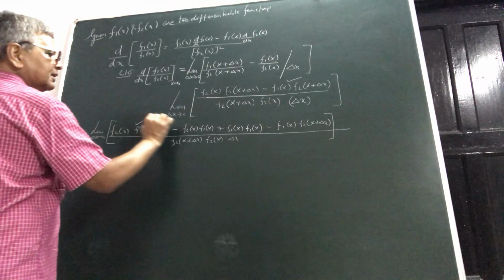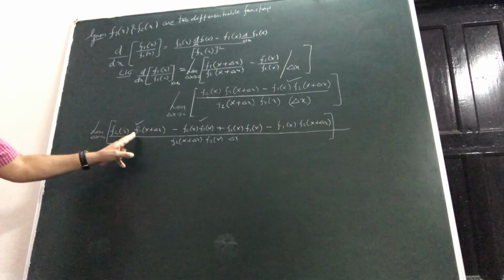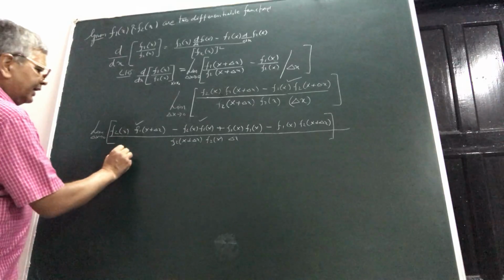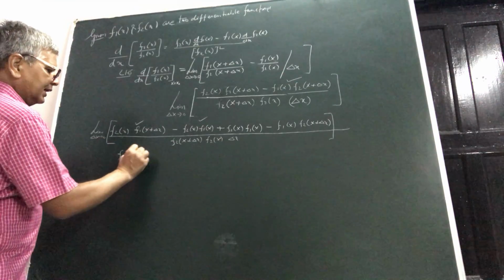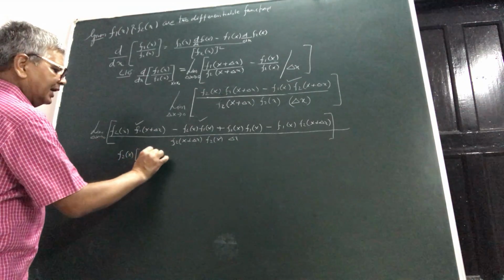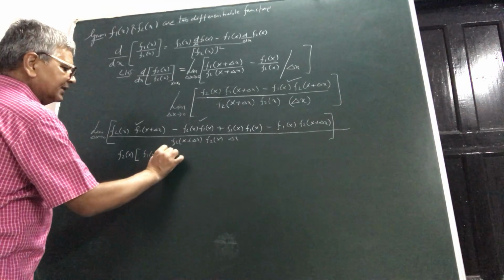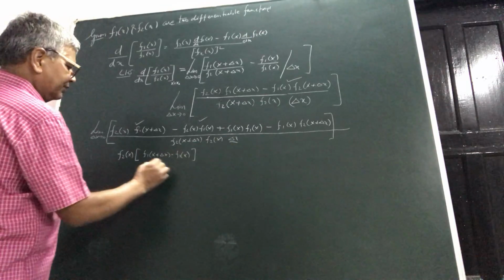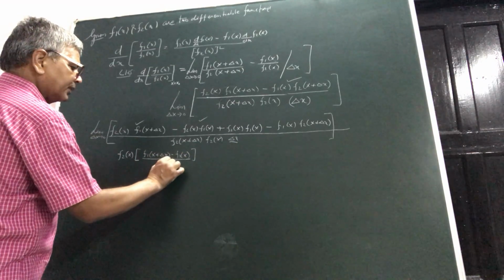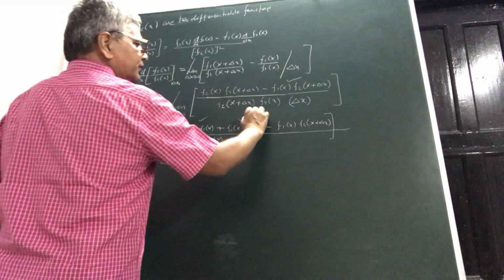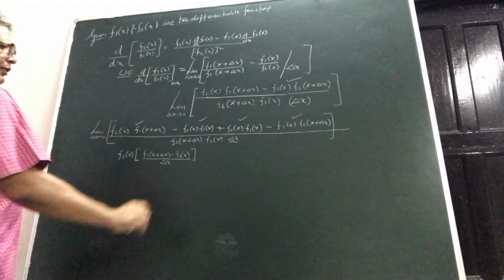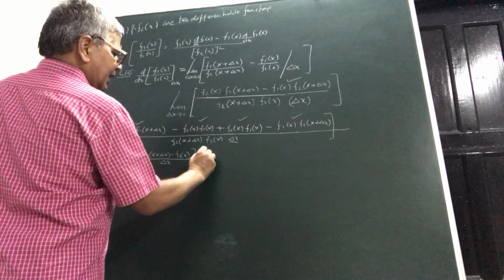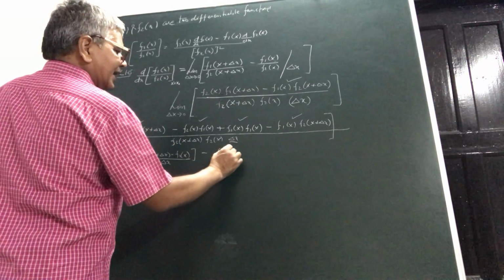Now, from this term and this term, what can you take common? f2x you can take common. Then within the bracket you get f1x plus delta x minus f1x, and this delta x you divide here, this delta x you write here. From these two terms, you can take minus f1x common.